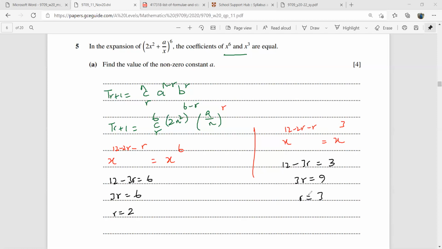That means these are going to be the third and the fourth terms. So let's write them over here.